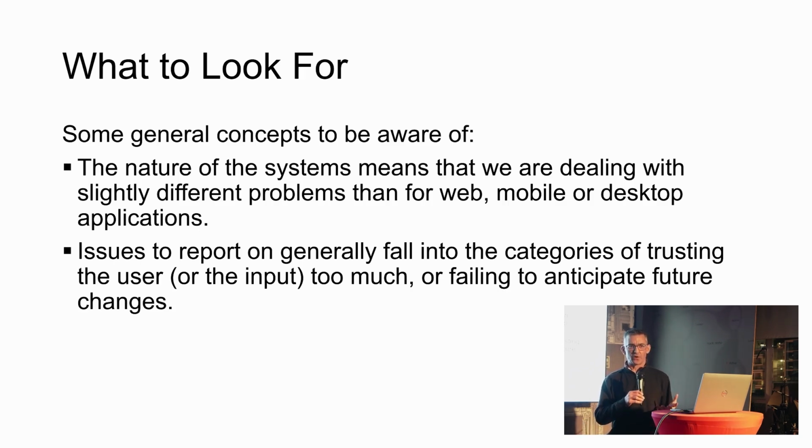You're relying far more on things like trusting the user too much and not really anticipating changes. And by the first one there, I mean trusting the user too much.